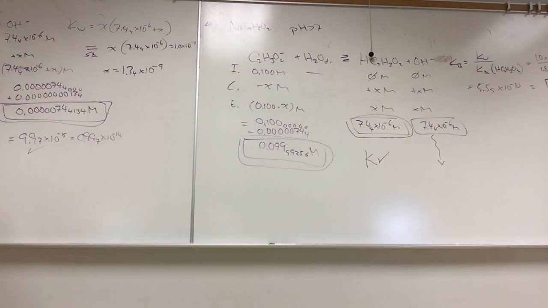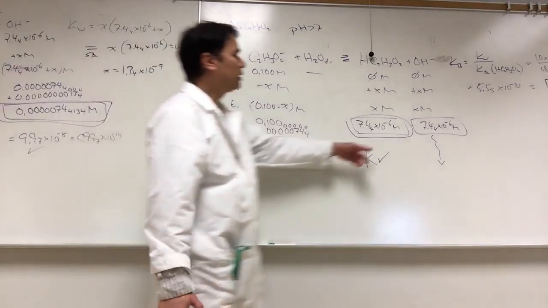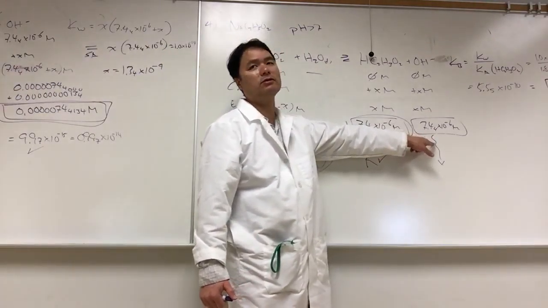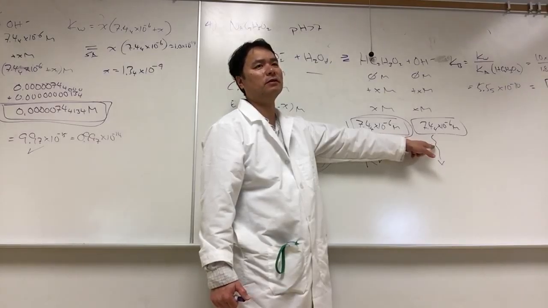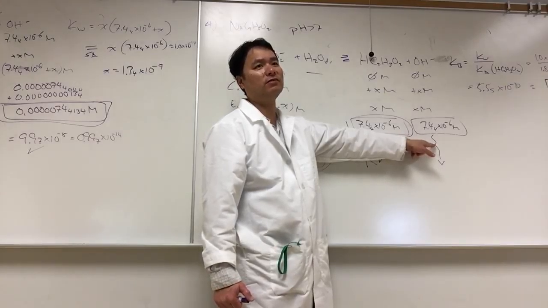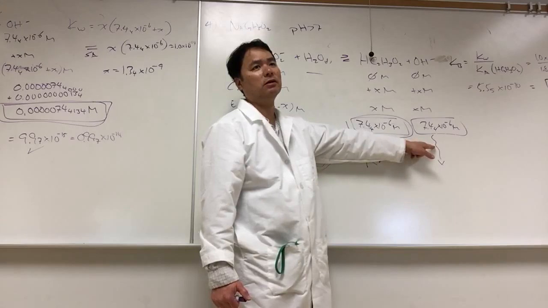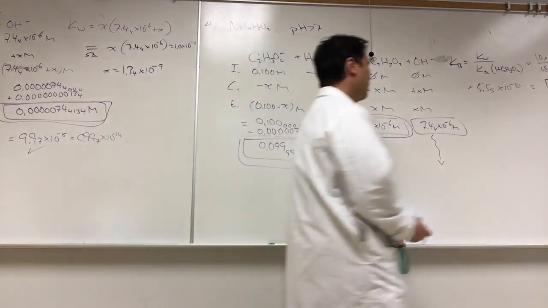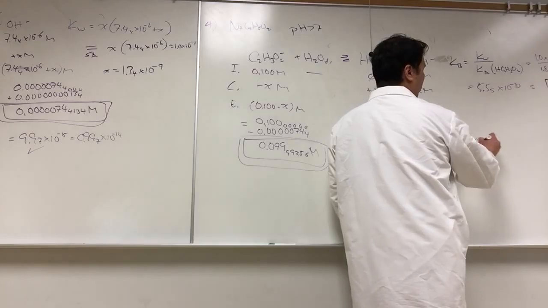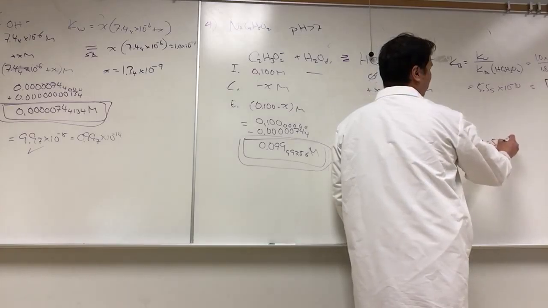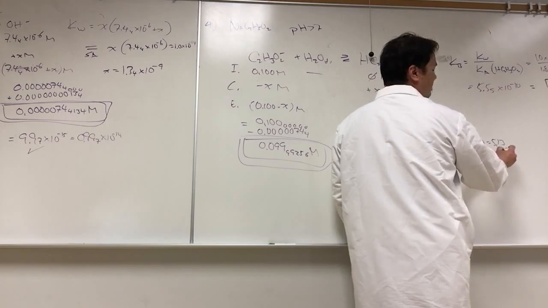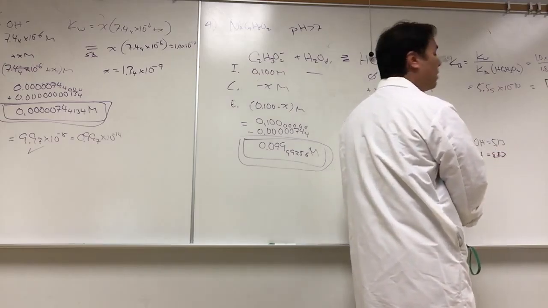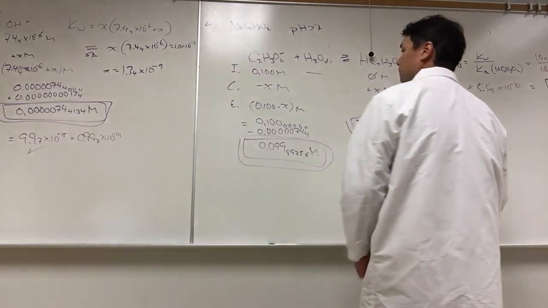If we went the route of just stopping here and calculating the pOH and getting the pH, what would you get? Is it the same, 8.87? Well, 5.53 would be the pOH? 5.13? So if we stopped here, we got a pOH of 5.13, which gives us a pH of 8.87. So it's the same either way. Okay. Good.